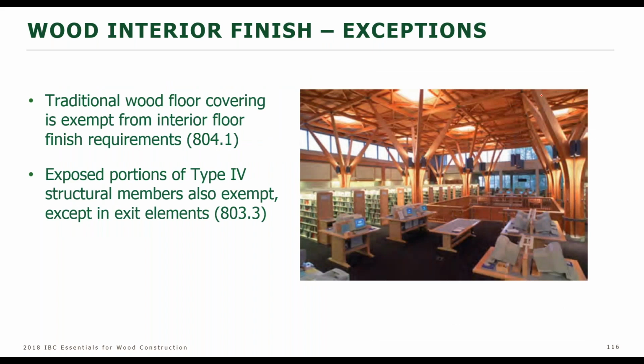Wood flooring, for instance, does not have to have a flame spread classification. It's got a blanket permission. And exposed members of type 4. There is an exception there with the new mass timber construction types and the potential to build exit elements out of mass timber. Those do need to be protected, and you'll see that in the future.